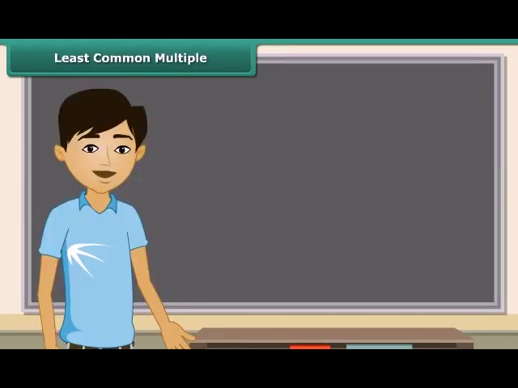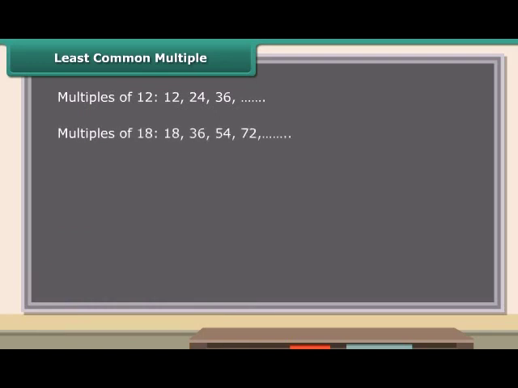Recall that common multiples of two numbers are those numbers which are multiples of both the numbers. Let us now use this knowledge to find the least common multiple of two numbers. Consider the two numbers 12 and 18. The multiples of 12 are 12, 24, 36, and so on.